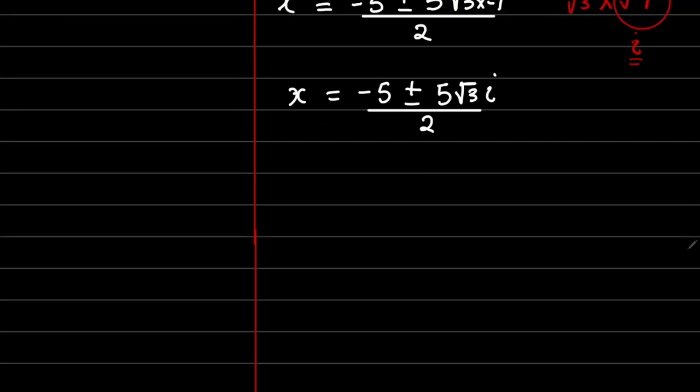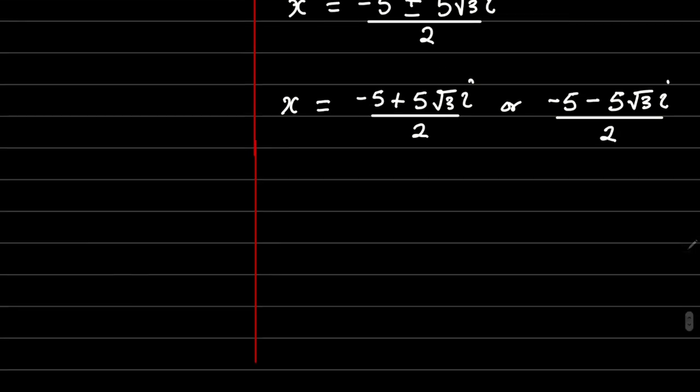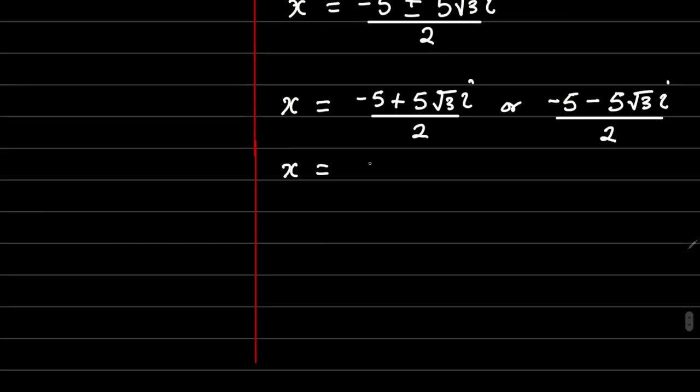So therefore my x will be equals to either minus 5 plus 5 root of 3i all over 2, or minus 5 minus 5 root of 3i all over 2.